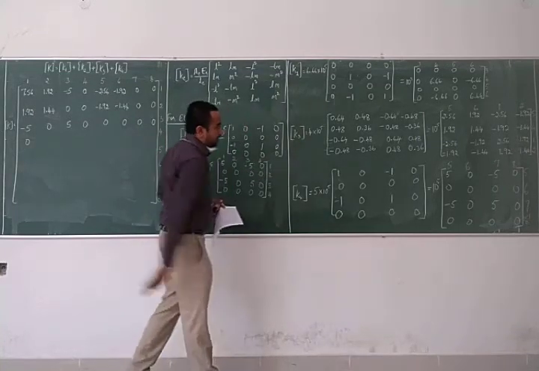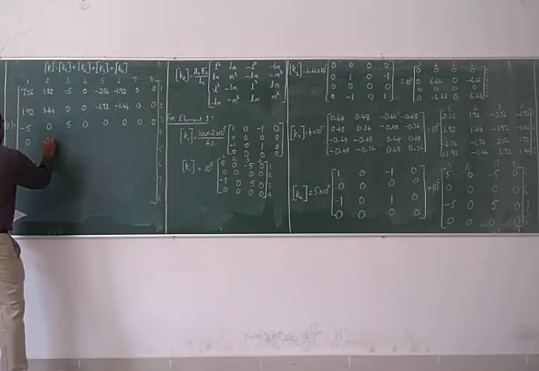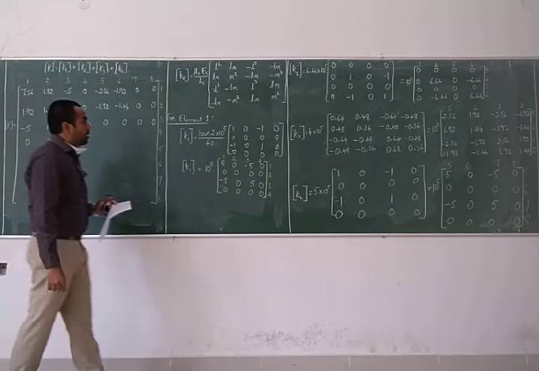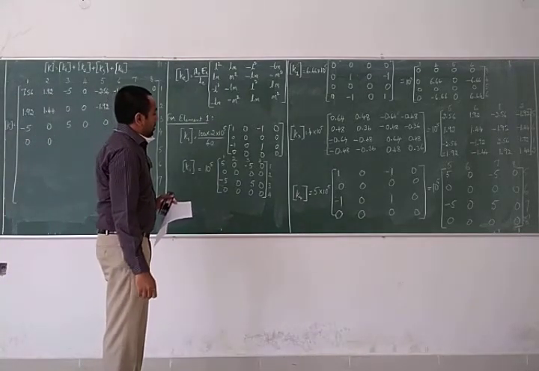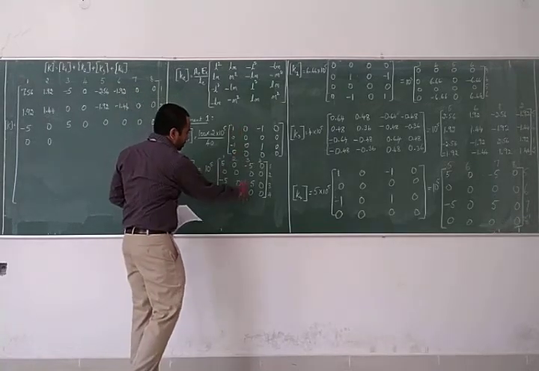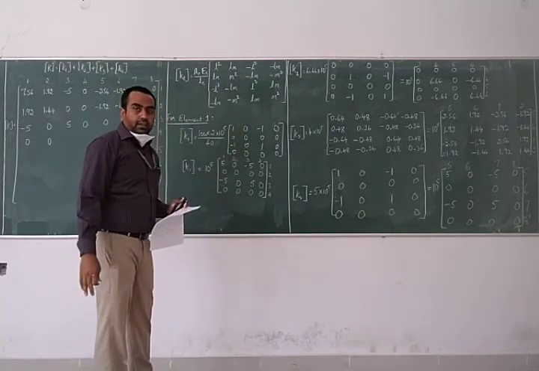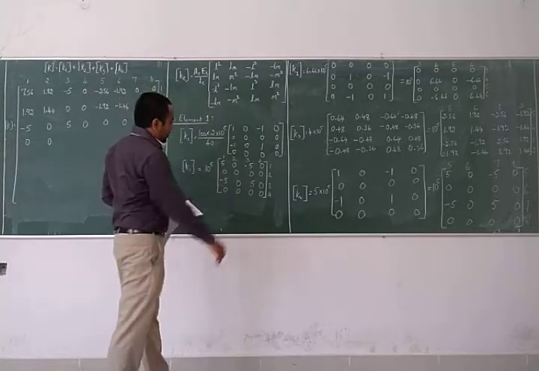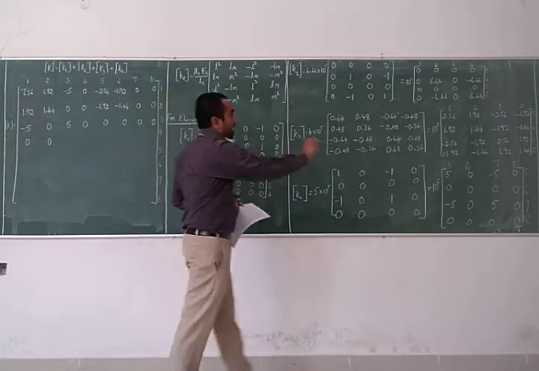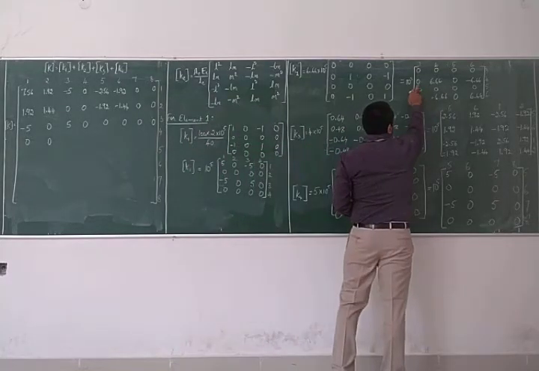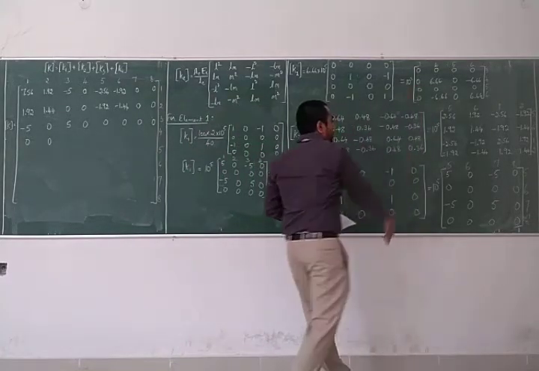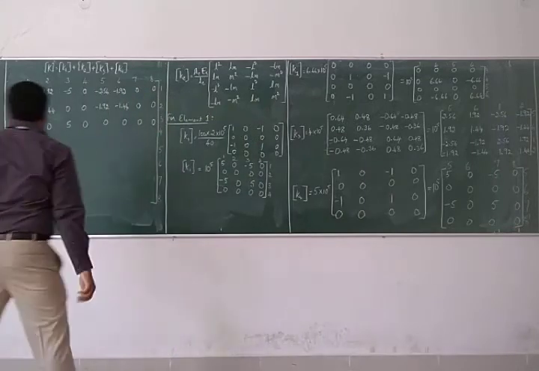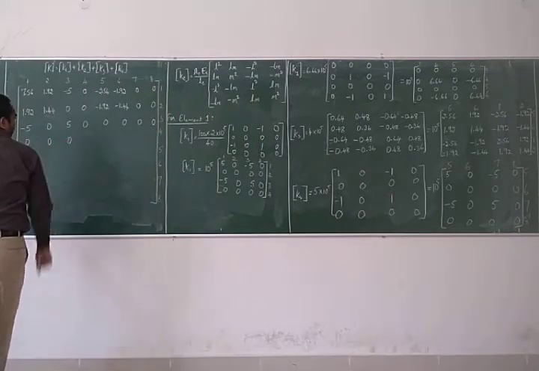No other term. So it is again 0. Next, the value pertaining to third degree of freedom and fourth row is 0. There is a term here, but it is also 0. So third column, fourth row, 0 and 0. So it will be 0.